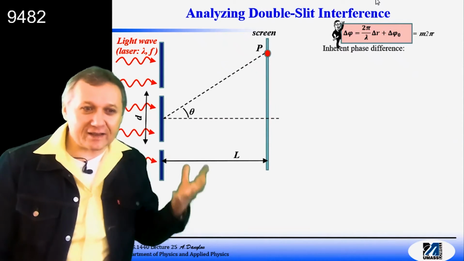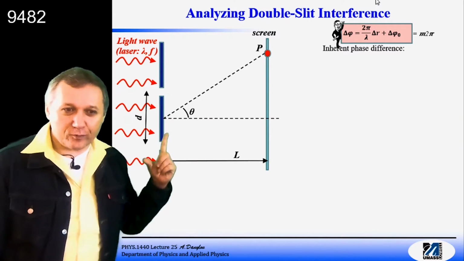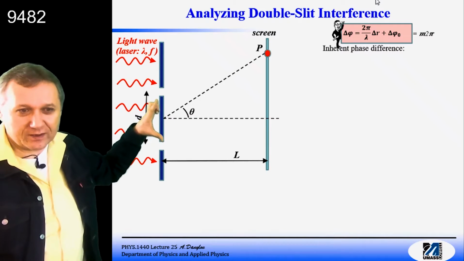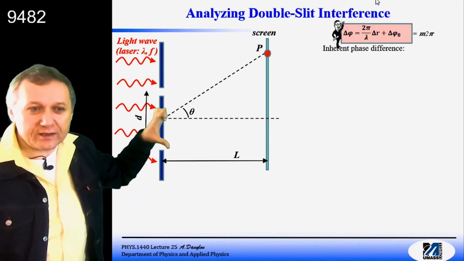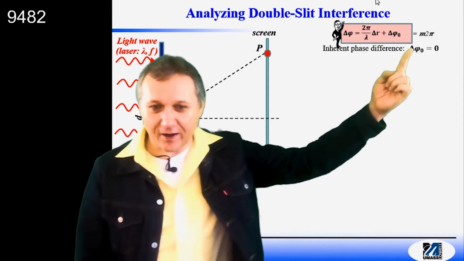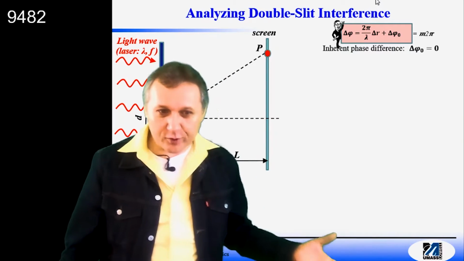It's basically exactly the same source. So the inherent phase difference is 0. So delta phi naught is 0. Right? Make sense? Of course it should.